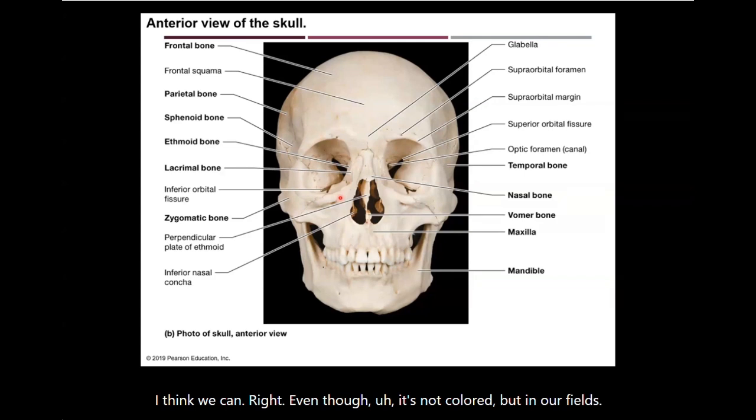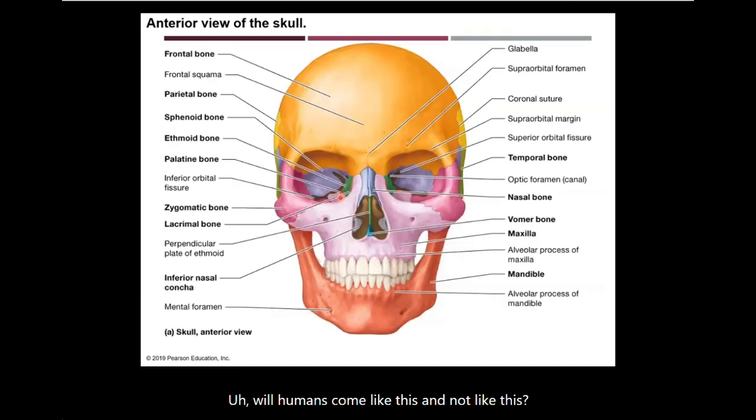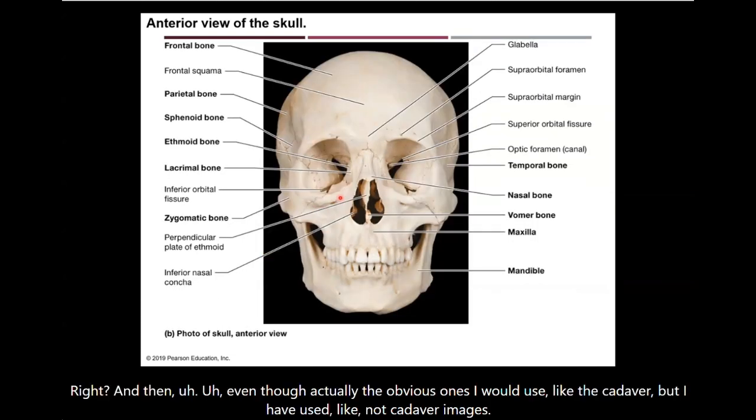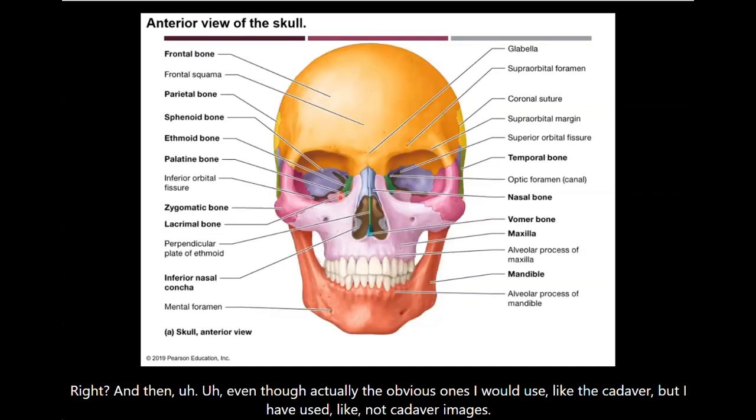But in our fields, real humans come like this and not like this, right? And even though the obvious ones I would use like the cadaver, I have used not cadaver images.